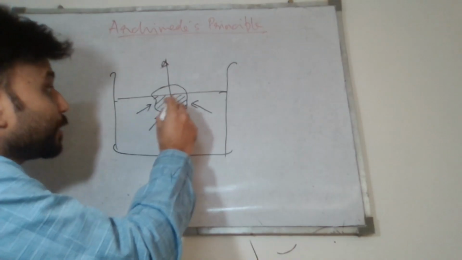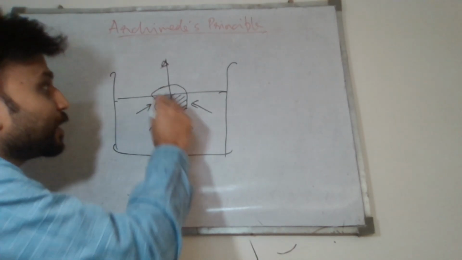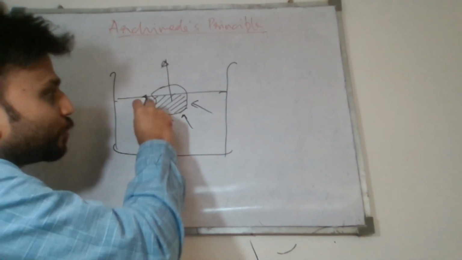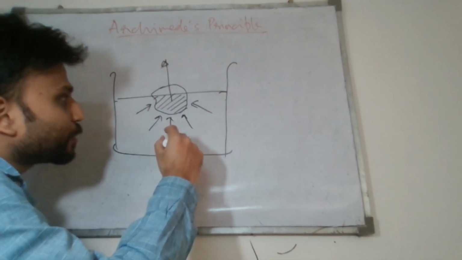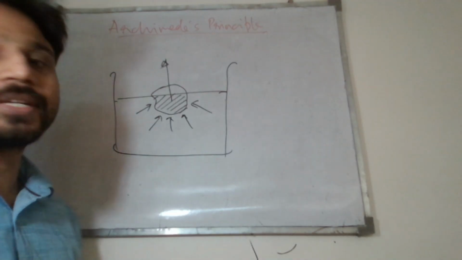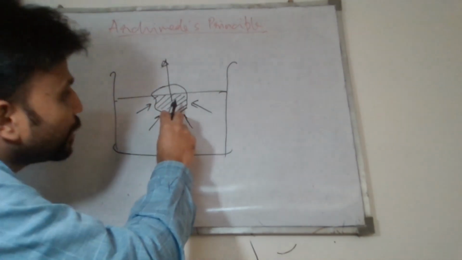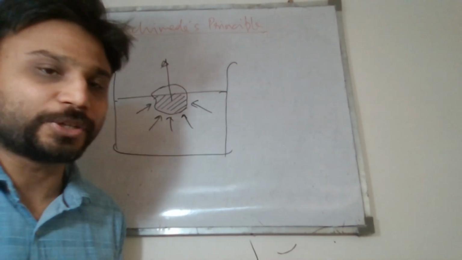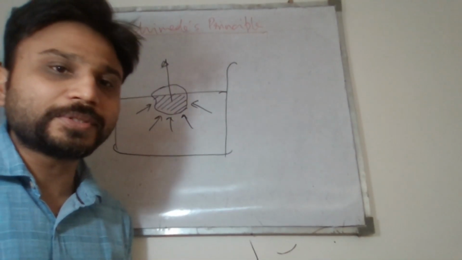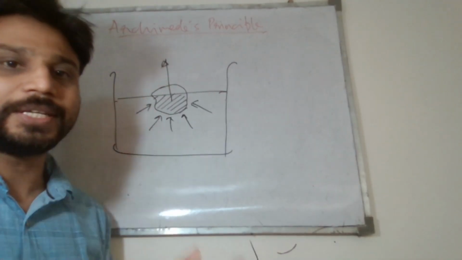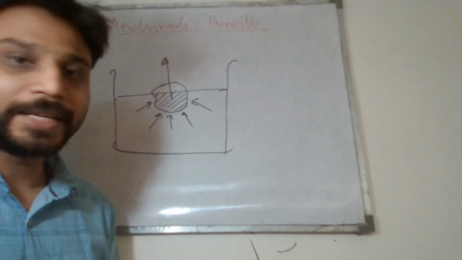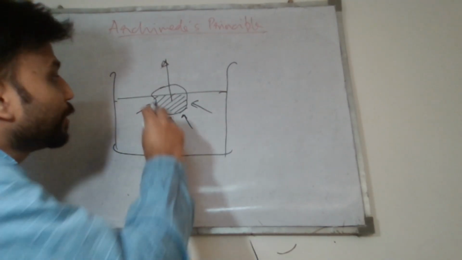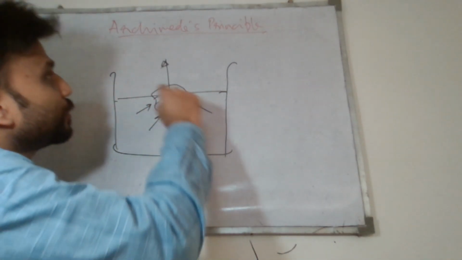Because this liquid, which is in place of the object here, is completely balanced here. So, what is the force exerted by the surrounding liquid on this particular shaded region? It is only the weight of the shaded region. It would act just like a normal reaction, like a normal reaction acting on some body kept on a surface. Instead, here the surface is of this whole liquid, and it is exerting a force equal to the weight of the liquid.